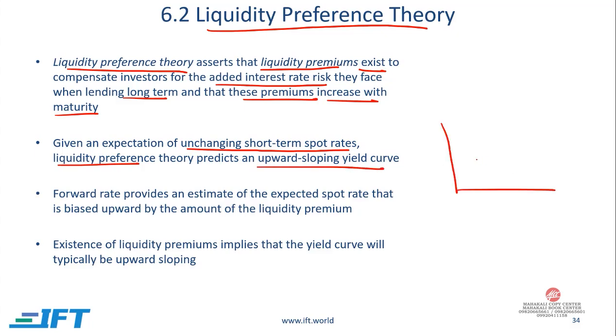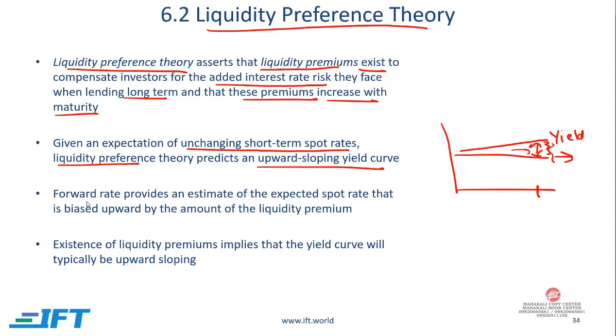So if the expectation is that the spot rates in the future will remain flat, the liquidity preference theory will still predict an upward sloping yield curve because of the liquidity premium. For these longer maturity bonds, the interest rate risk is higher and investors get compensated for that higher risk through these liquidity premiums. So the longer the maturity, the higher the liquidity premium.